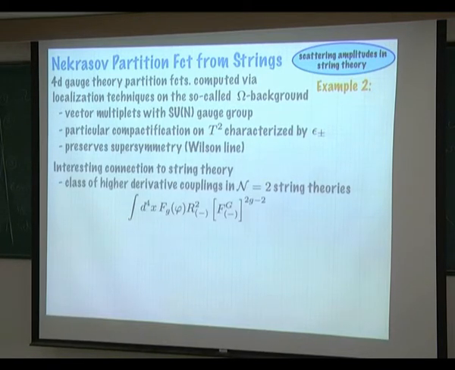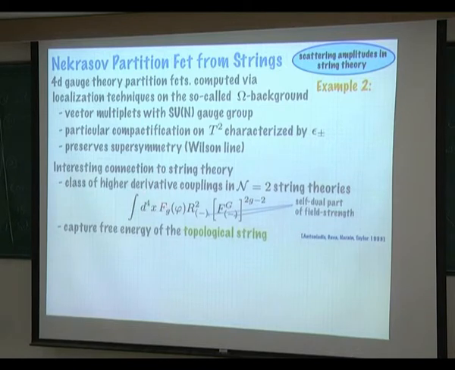This gauge theory partition function already has a very interesting connection to string theory. Namely, there is a class of higher derivative scattering amplitudes in N=2 string theory on some elliptically fibered Calabi-Yau in type II, which is just propagating 2 self-dual Riemann tensors and 2g minus 2 anti-self-dual graviphoton field strength tensors.